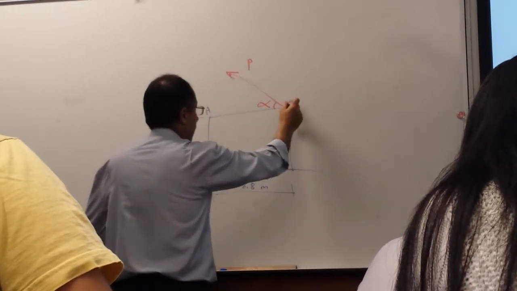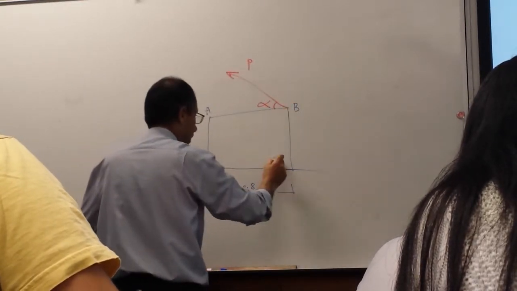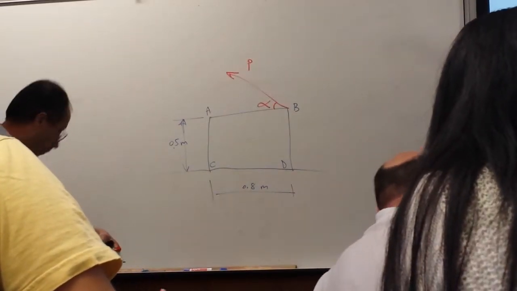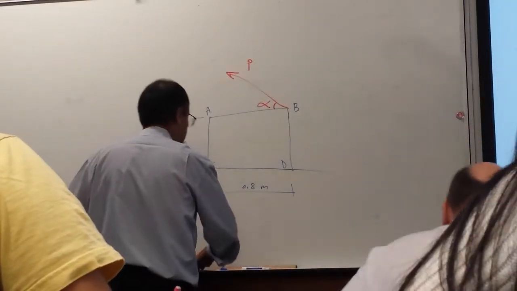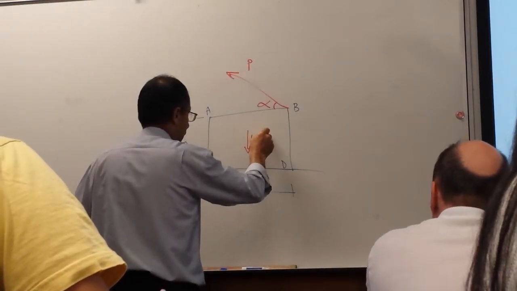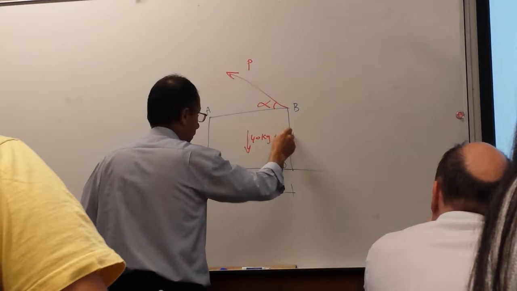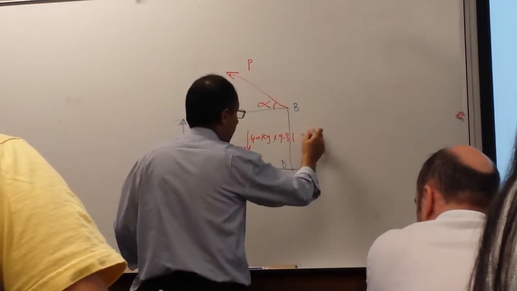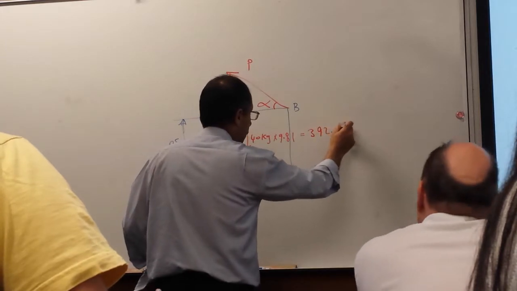A, B, C, D. 40 kilograms. What is that in Newton, please? 392.4. 392.4 Newton.